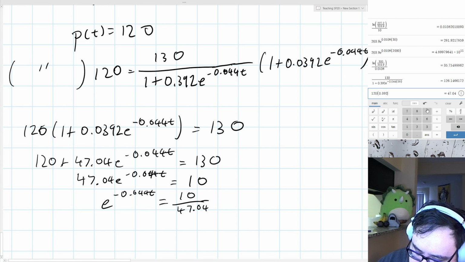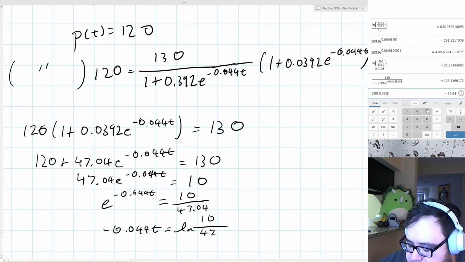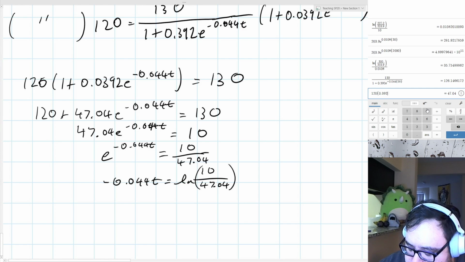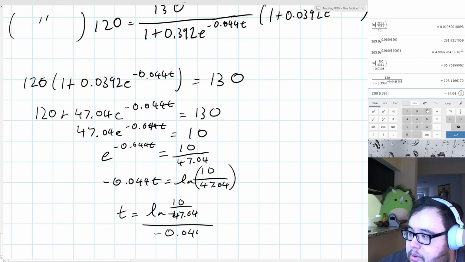So negative 0.044 t is equal to the natural log of 10 over 47.04. And then we're dividing both sides by negative 0.044 to get that t is equal to the natural log of 10 over 47.04, all divided by negative 0.044.